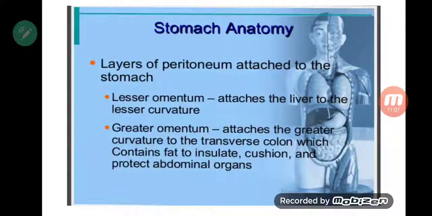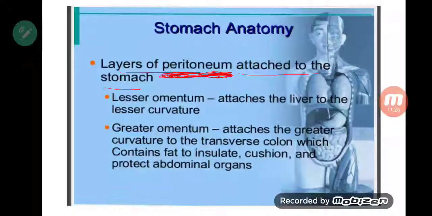Layers of peritoneum are attached to the stomach. The peritoneum is the protective membrane of the abdomen. It is very large.